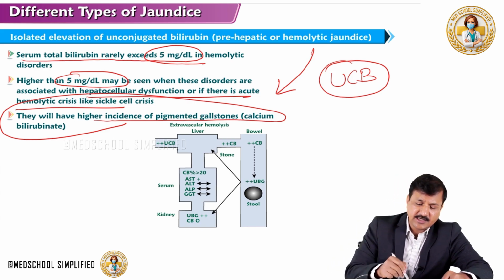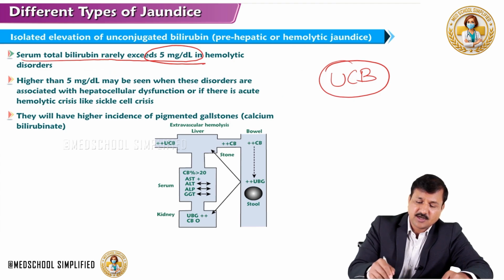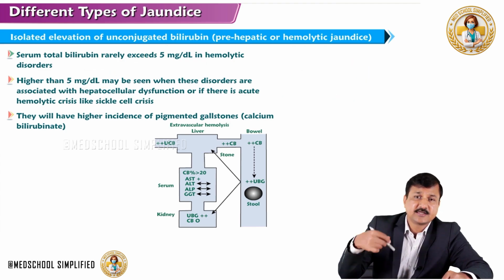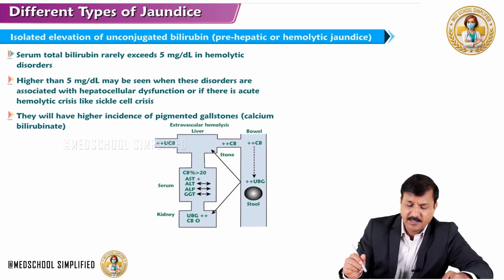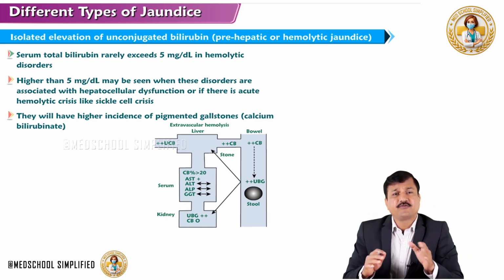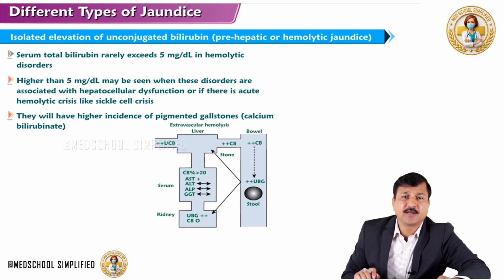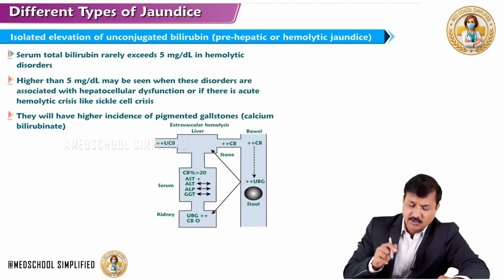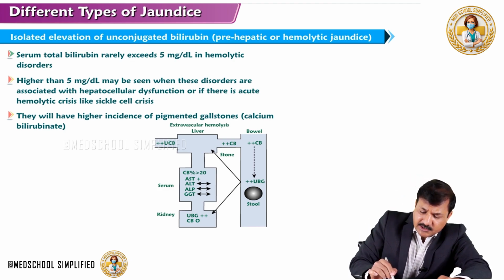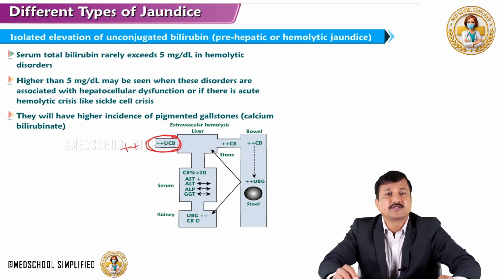Now, let's understand pre-hepatic or hemolytic jaundice, where there is unconjugated hyperbilirubinemia, using the figure that I explained in the previous lecture. In pre-hepatic jaundice, unconjugated bilirubin is predominantly elevated. That's why it is shown as 2+, which is abnormal.